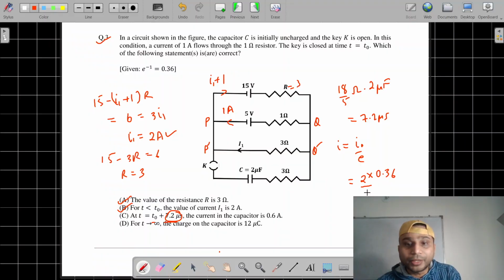Maybe it is divided by 7.2, something like that. Let me see what the calculation is. I is equal to I naught e to the power minus t upon RC. Right, this much we know.